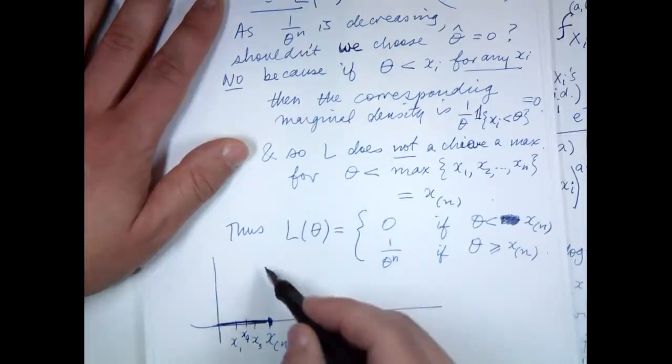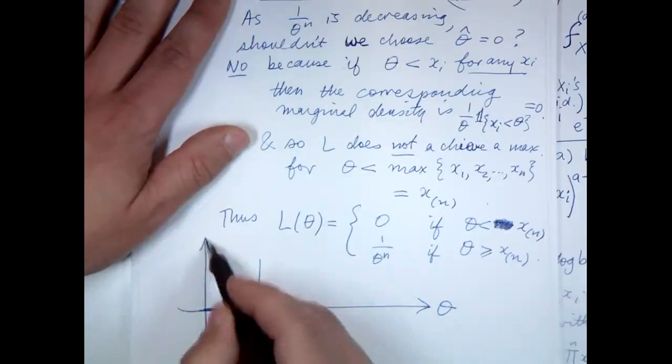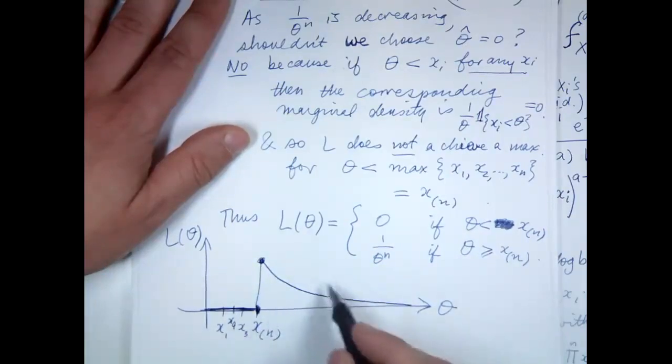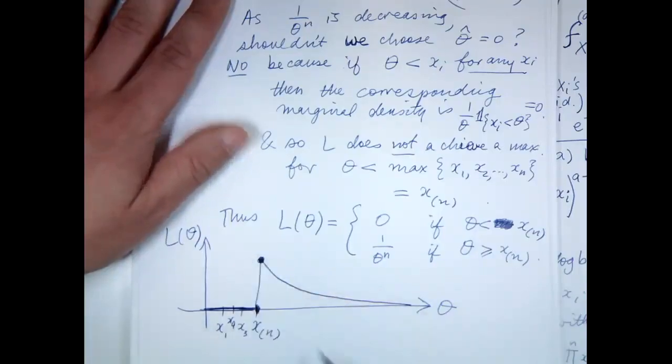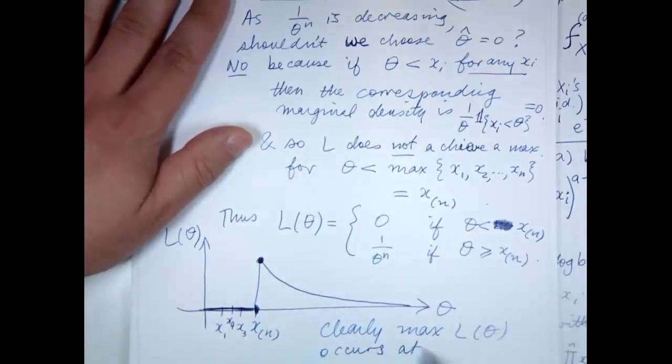And so the likelihood function as a function of theta, this is the theta axis, L of theta, the likelihood function has a big jump up to here, and then it decreases like 1 over theta. So that's exactly what it is. So clearly, the max of L of theta occurs at a unique place, theta hat equals x parentheses n.